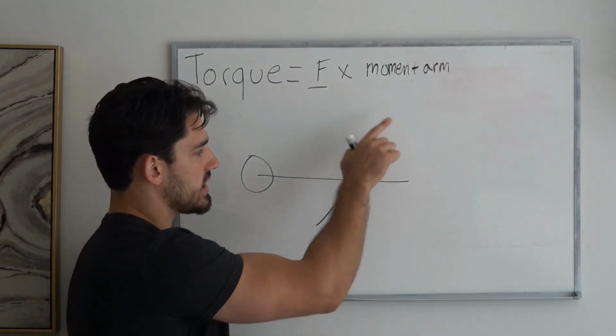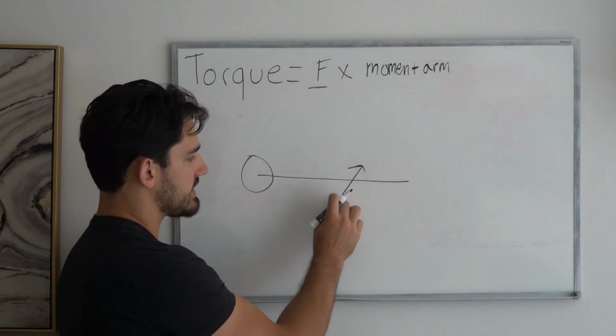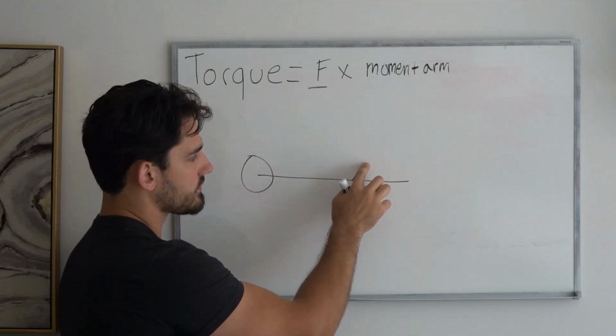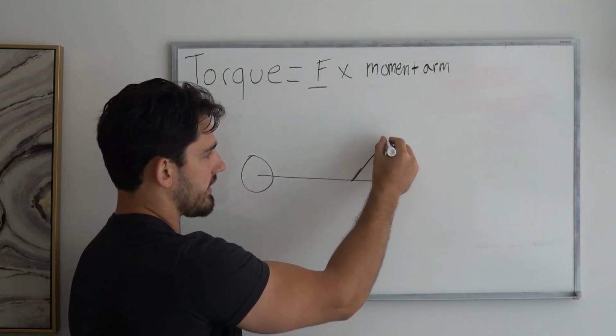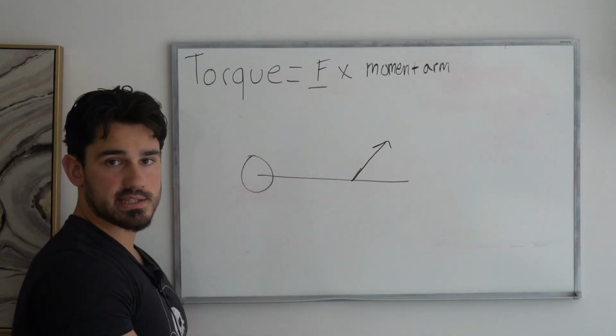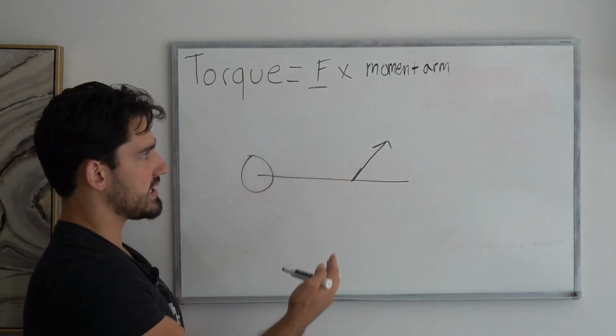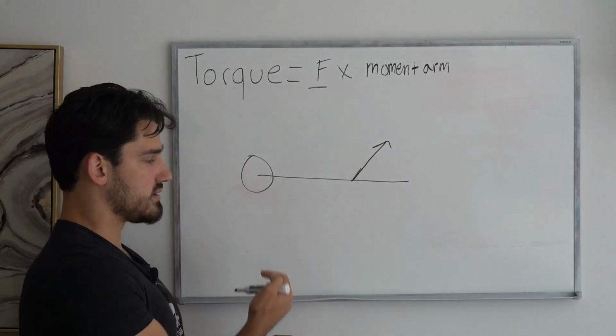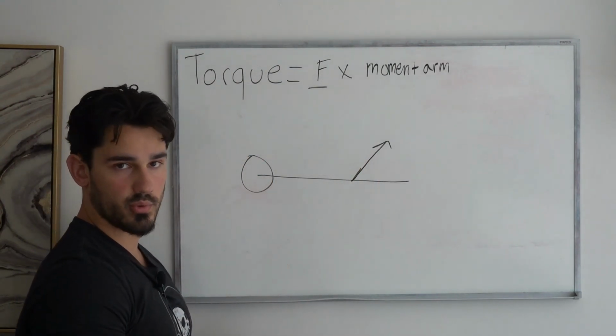If I push on this thing this way, and let's say this was the point of application that I was pushing at, and this is the arrow that comes away from that, you can look at the scenario and think, well, I don't really see a distance that I can draw that's 90 degrees from this arrow and this joint axis, or this axis, whatever we're calling it.